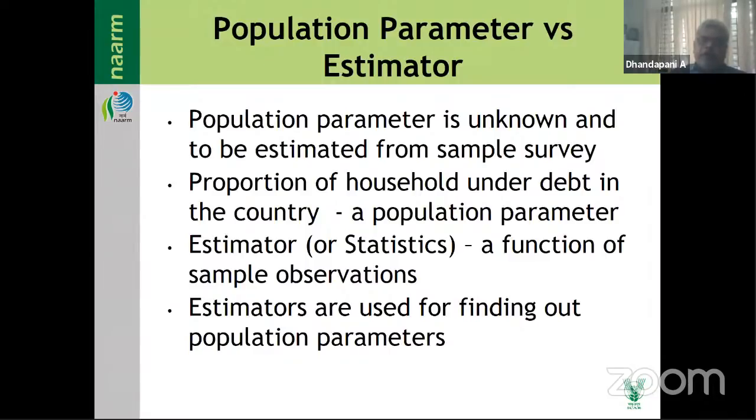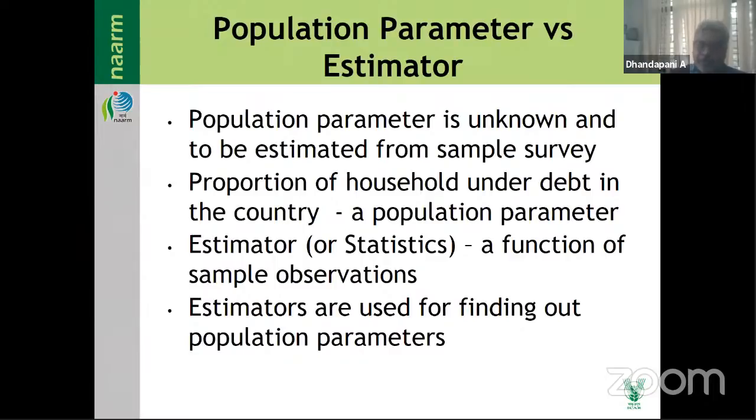How we are going to do it is, we need to construct what is called an estimator, which is a function of sample observations. For the same thing, I can have multiple estimators. For example, for the proportion, there is not only one way you can do it. For average income, I can talk about a weighted average or something like that. I can have various ways through which I can estimate the same population parameter.